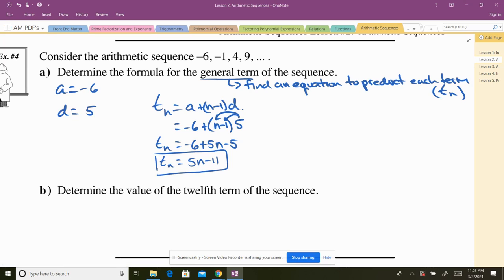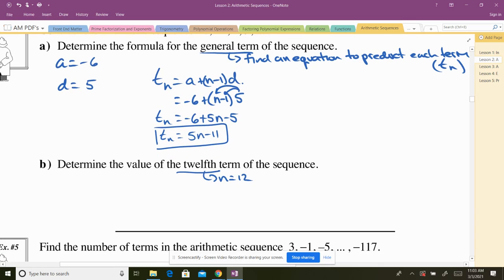Okay? For example, in question B, it says find the 12th term. So that means n is equal to 12. Just plug n equal to 12 into that formula. So you go T12.